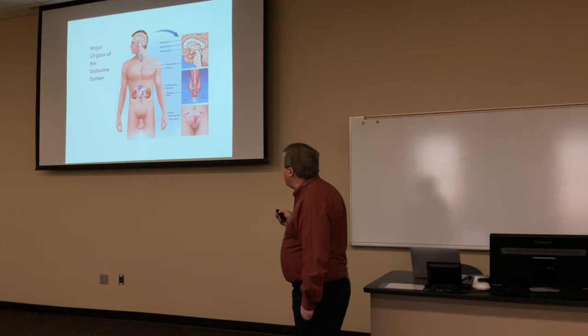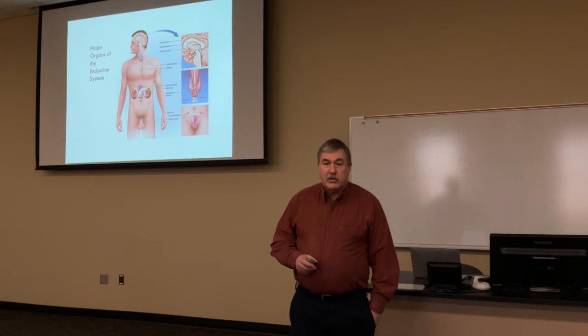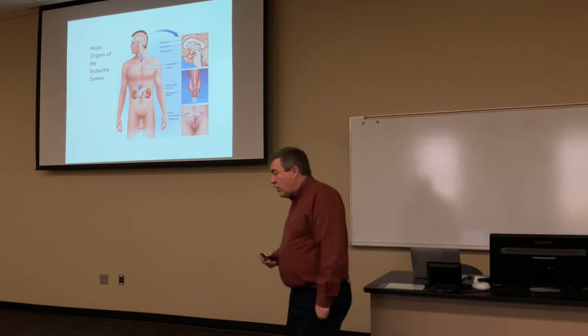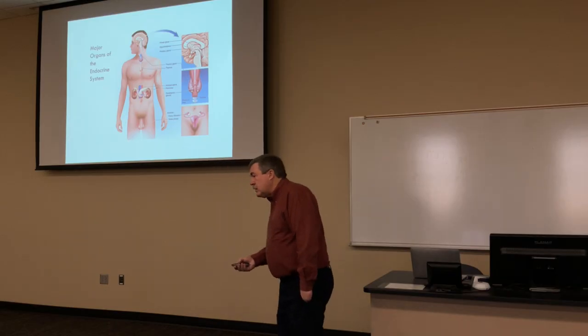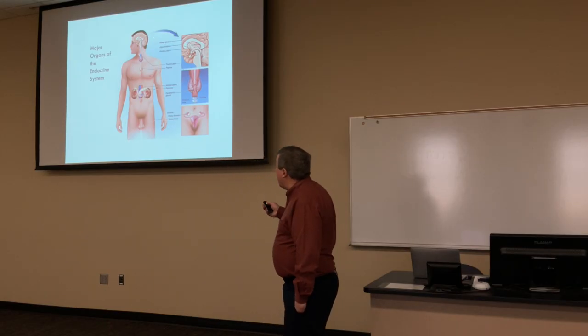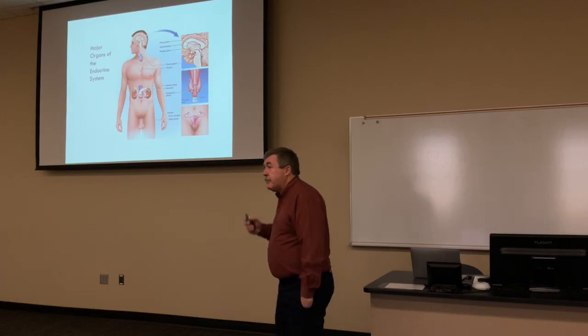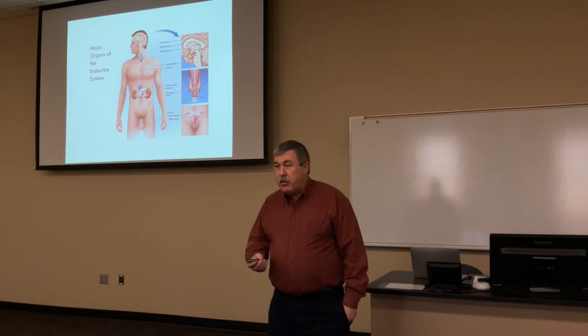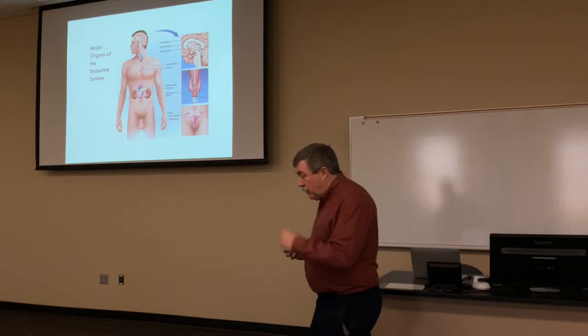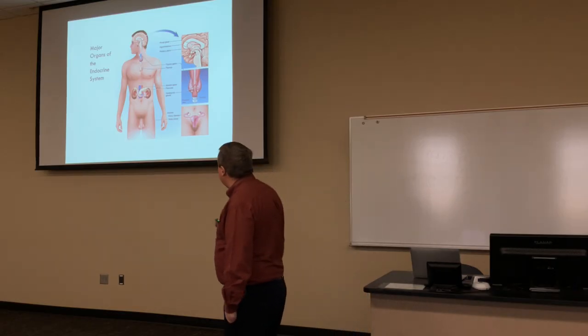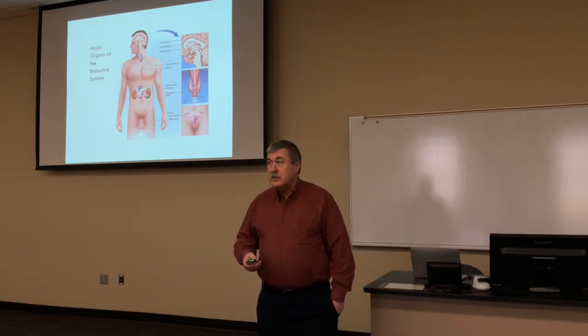So the first one is actually part of the brain. It's what biologists call a neuroendocrine organ because it can produce both neurotransmitters as well as hormones, and that is the hypothalamus. The hypothalamus is probably one of the more important endocrine glands because it produces hormones called releasing factors that cause the pituitary to release its hormones.